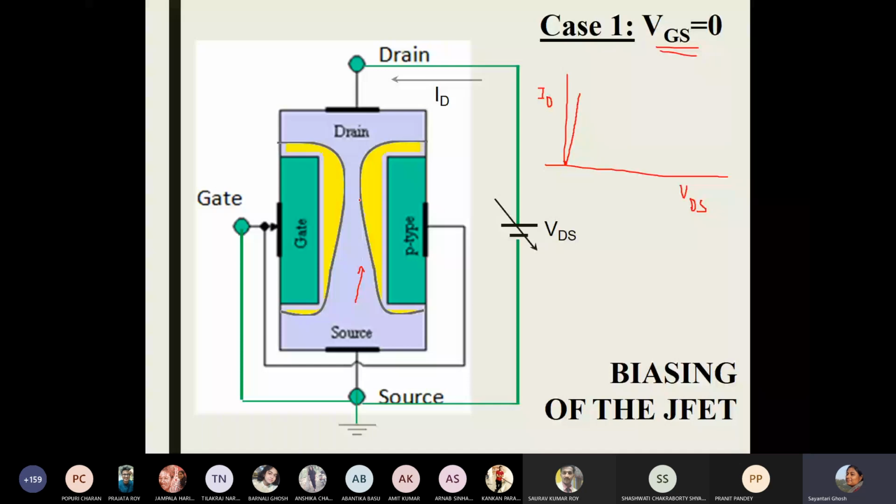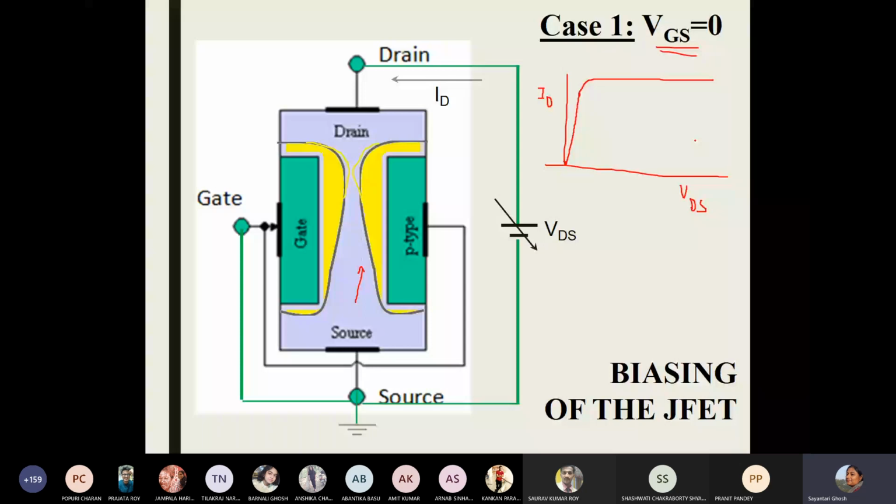The depletion regions will go on increasing, and after a certain value of VDS, these two depletion regions will be so close to each other that there will be barely a space left for the current to flow. At that point, this linear graph suddenly changes its slope in the form of a knee, and then it will saturate. It cannot increase any further. This is the kind of behavior that I will see.